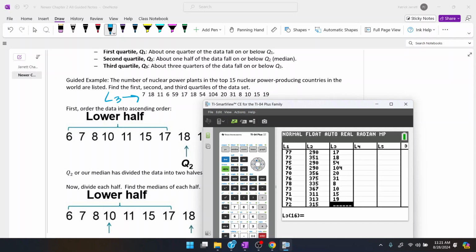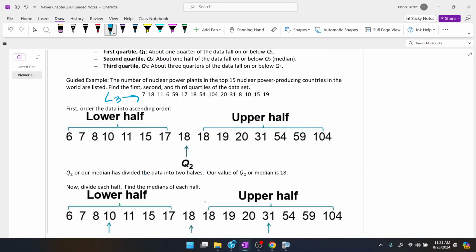Now, here is a by-hand explanation of how we find the quartiles. First, we find the median by taking the middle value, plain and simple. The median has split the data into halves, a lower half and an upper half.